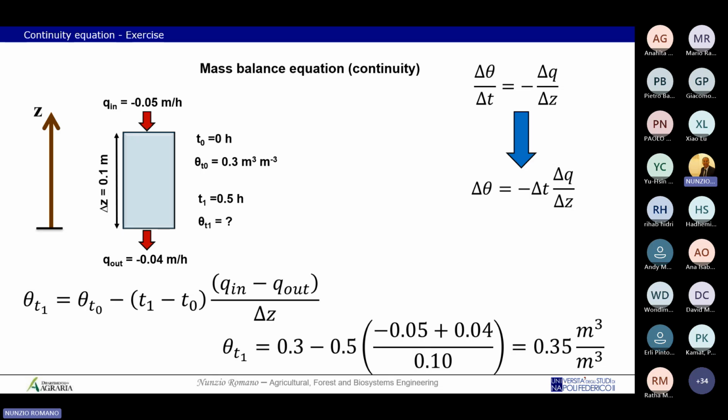With this very simple exercise we obtain 0.35 cubic meter over cubic meter. That means that because of the movement of water from top to down, we have an increase of soil water content after half an hour from 0.3 to 0.35. So this is a very simple exercise, an application of the continuity equation.